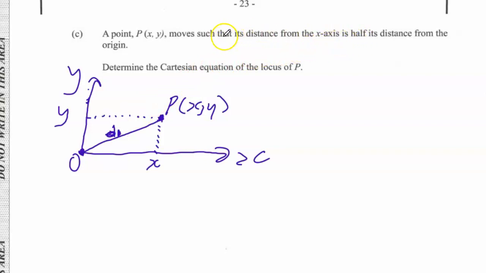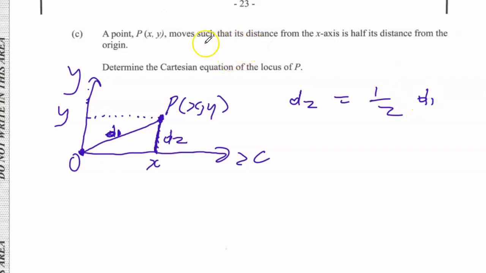The distance from the x-axis, let me call this d2. The distance from the origin, let me call that d1. So d2 is equal to half of d1.